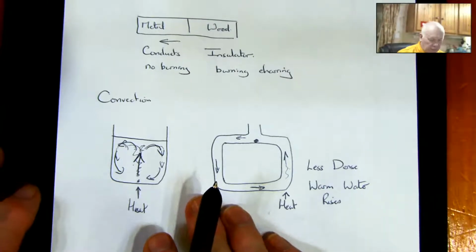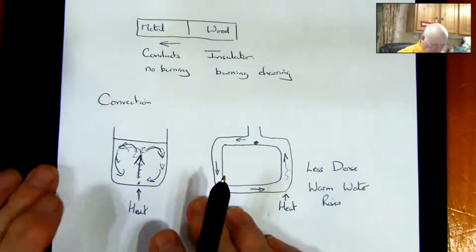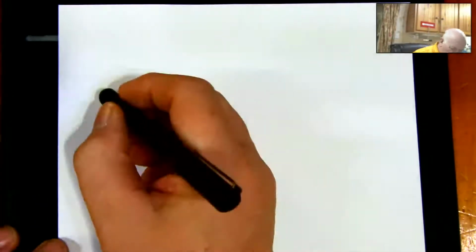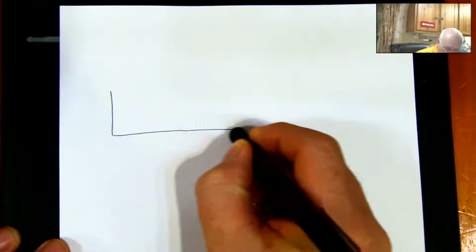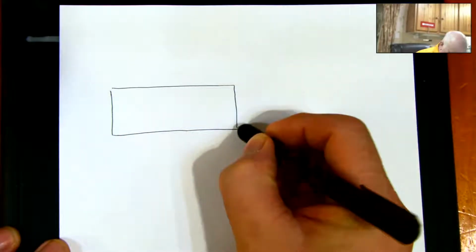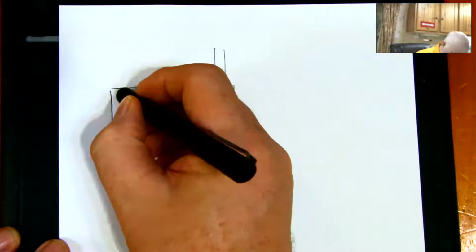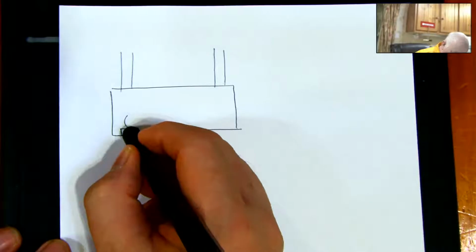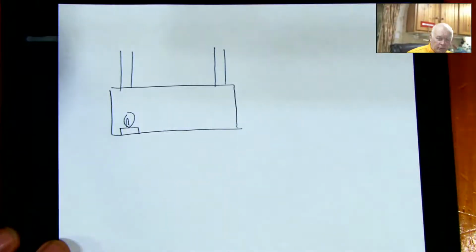We can look at exactly the same process, but this time in air. And if we look at convection in air, then what we had was a box with two chimneys and a flame under one.